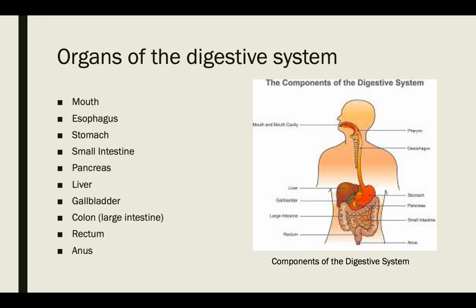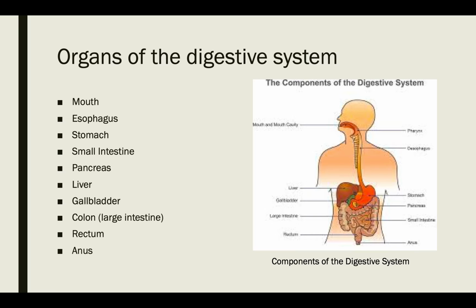Some of the organs of the digestive system are the mouth, esophagus, stomach, small intestine, pancreas, liver, gallbladder, the colon, which is the large intestine, rectum, and anus. The picture on the right shows the components of the digestive system, with all the different organs that I had listed.